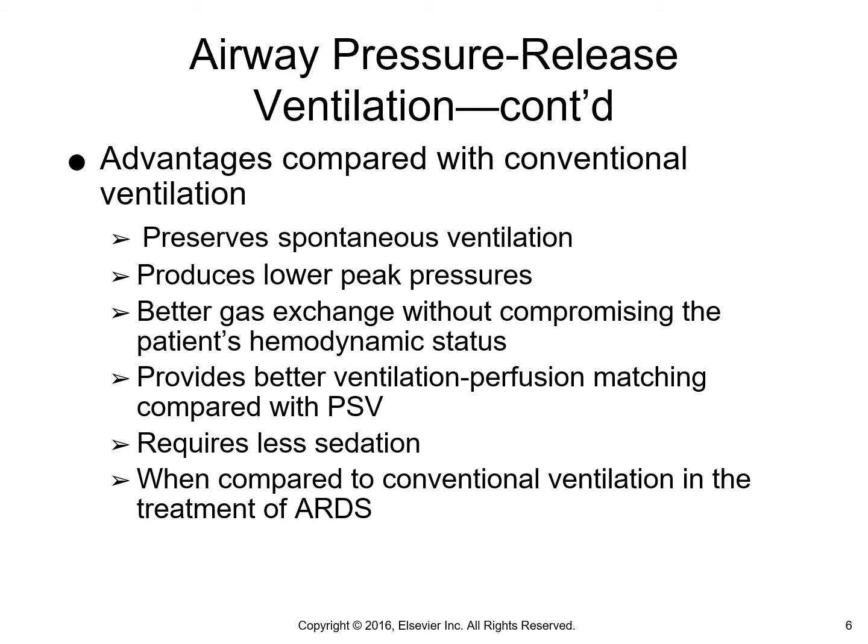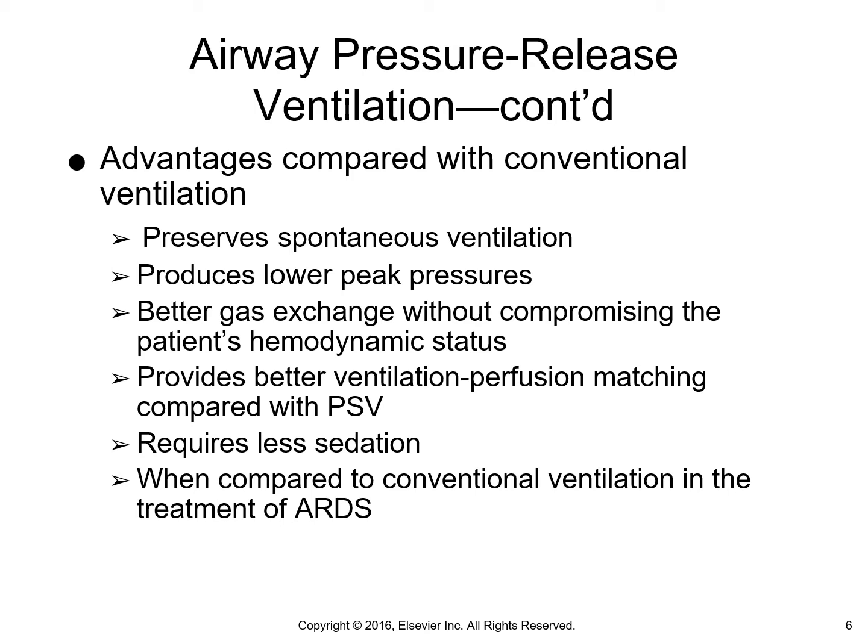Anyway, like I was saying, it is designed to provide two levels of CPAP, allowing spontaneous breathing at both levels when that spontaneous effort is present. Your P high, which can range anywhere from 15 to 30, is really your baseline. That's what's helping increase your mean airway pressure and your oxygenation.